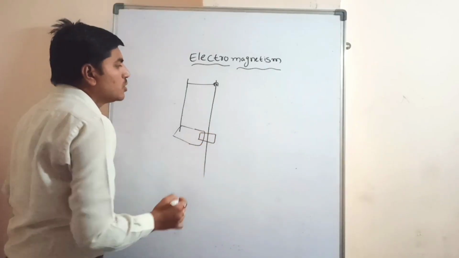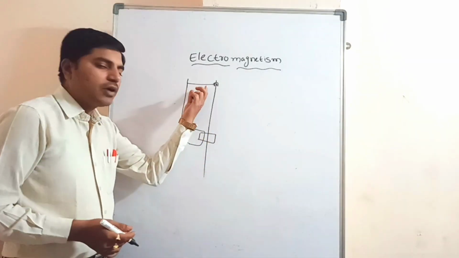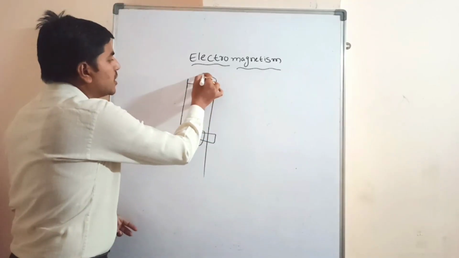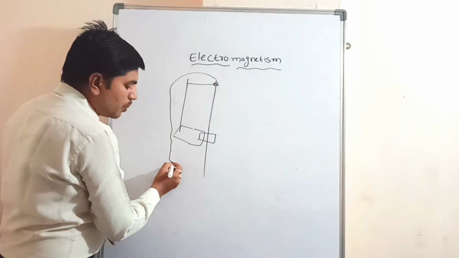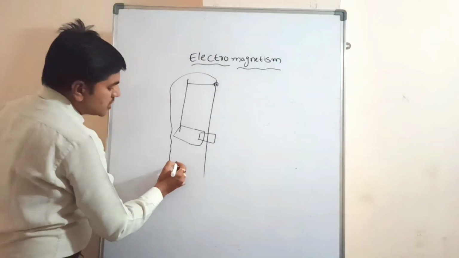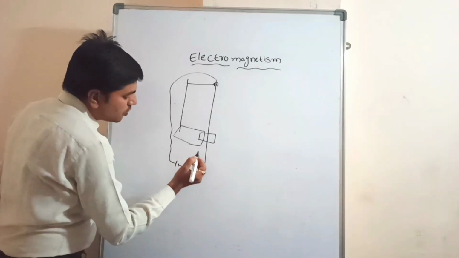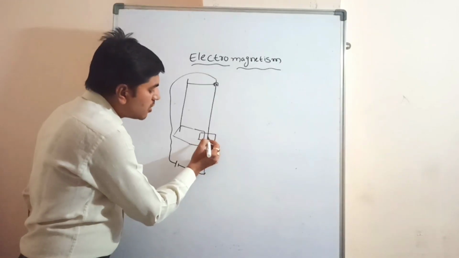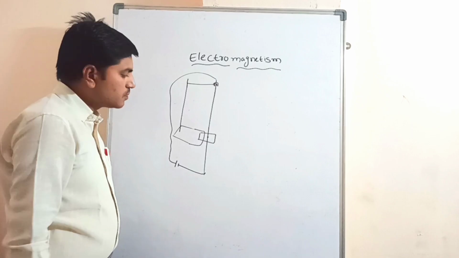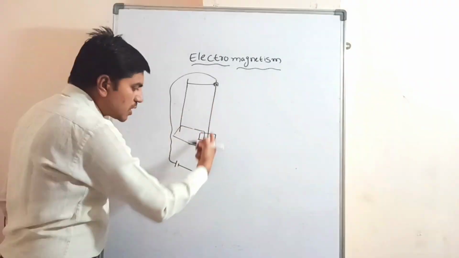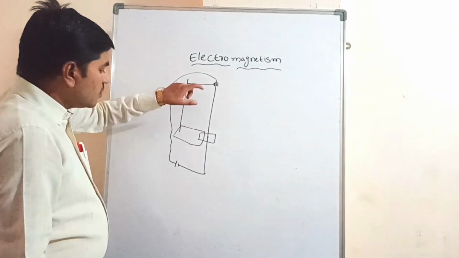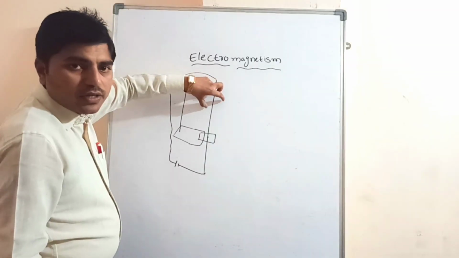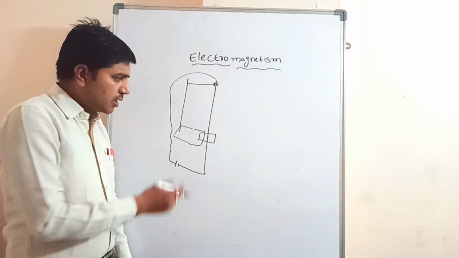Then this wire is connected to a battery at two ends, the positive and negative terminals, and this wire passes through a slit of a wooden plate. When we switch on the battery, this copper wire contains electric current.